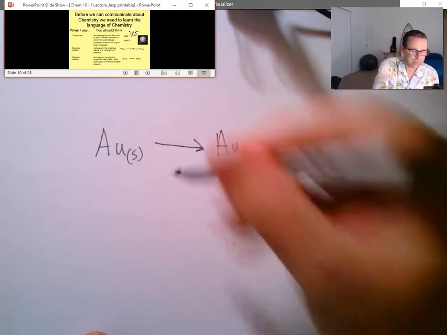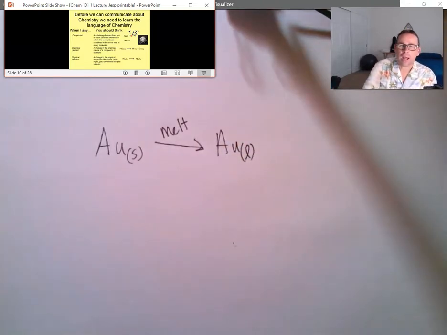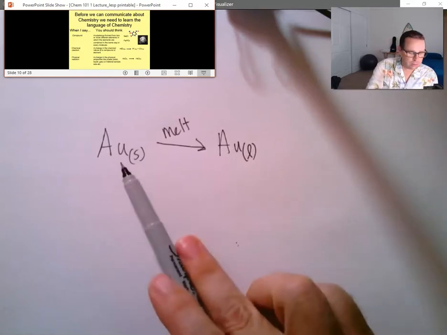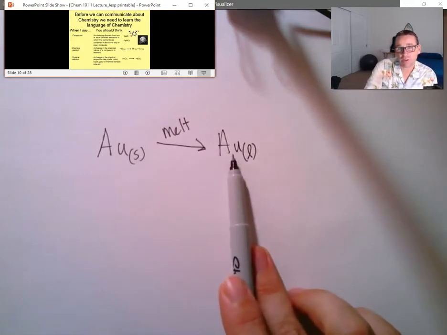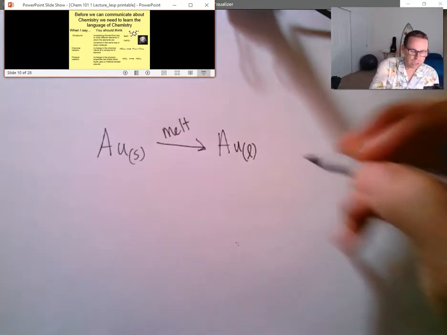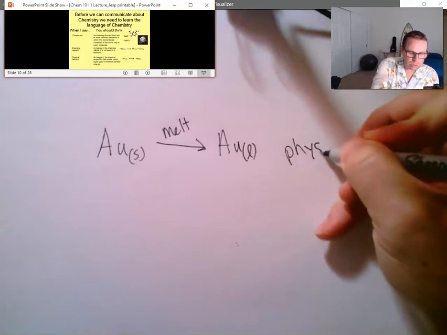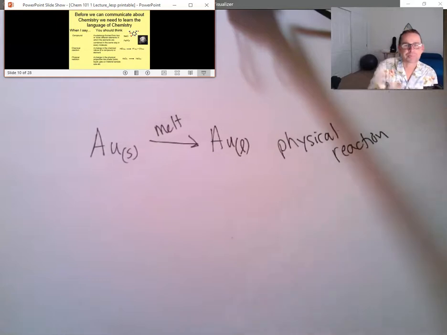Well, you melted it. Melted, that's right. That's a melt. Now, I haven't changed the way that these elements are interacting with other elements. So this is not a chemical change. This is just a physical change or a physical reaction.